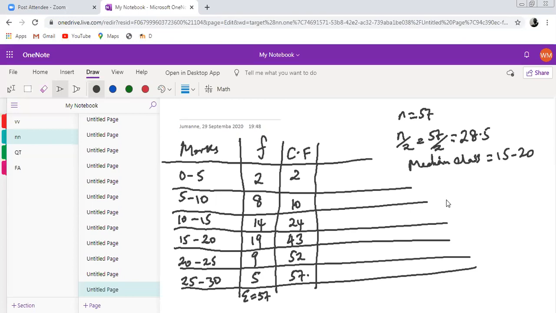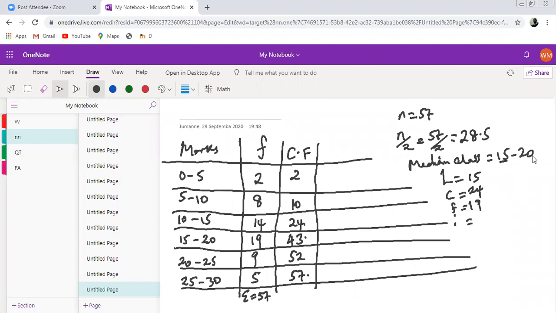Having noted that, L is the lower limit of that class, which is 15. And then C is the cumulative frequency that is above the median class. The one that is above is 24. Then F is the individual frequency of that class, which is 19. Then our i is the class interval.